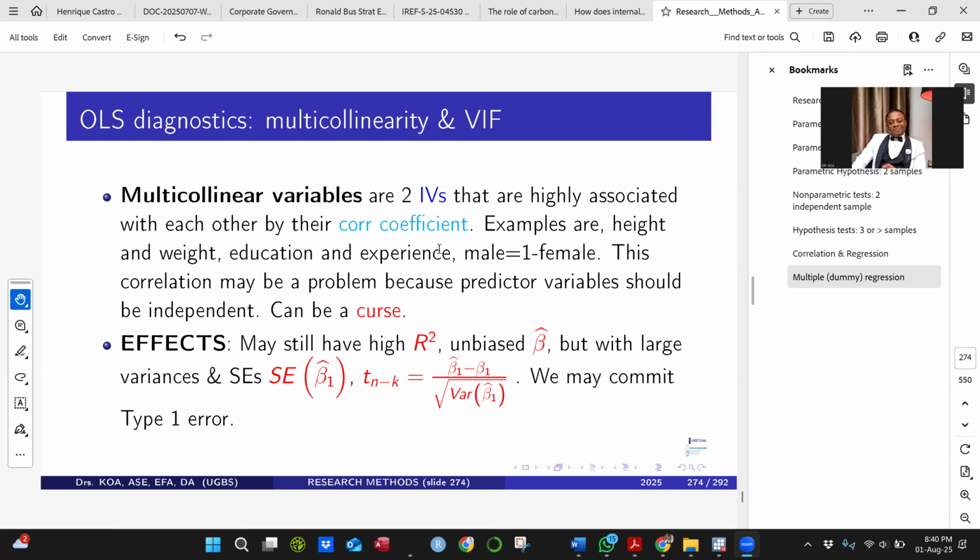Independent variables are variables that are independent, which means they don't depend on anyone. They are exogenous. And so if that variable is found to be highly correlated with another one in the same environment, that is not good.